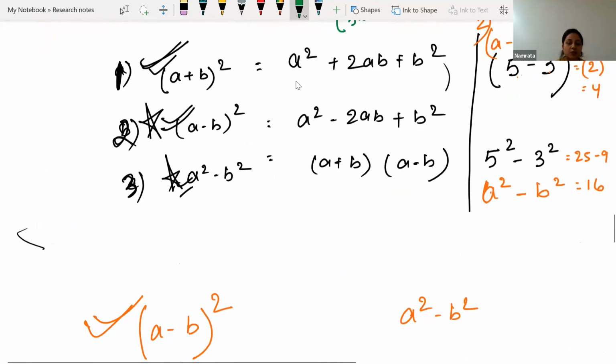If you want to recall, a recap of the formulas from the previous class: (a plus b) whole square is a square plus 2ab plus b square. (a minus b) whole square is a square minus 2ab plus b square. And a square minus b square is (a plus b) in one bracket and (a minus b) in another bracket. Formula number 2 and number 3 are completely different formulas.